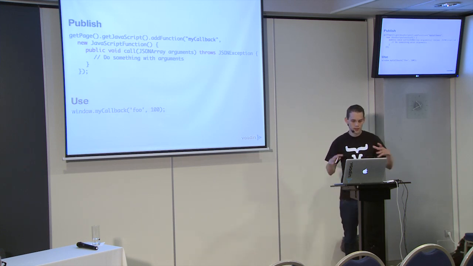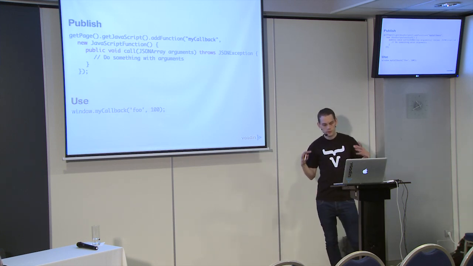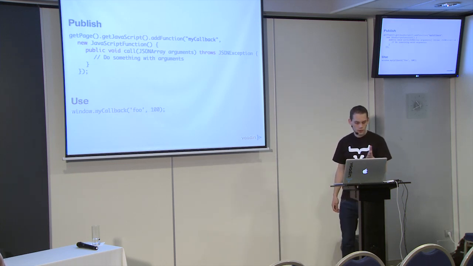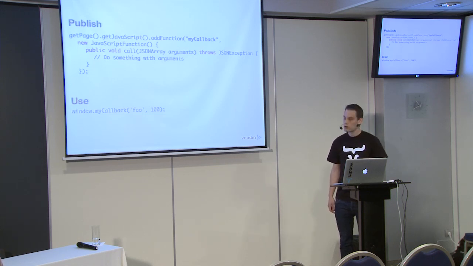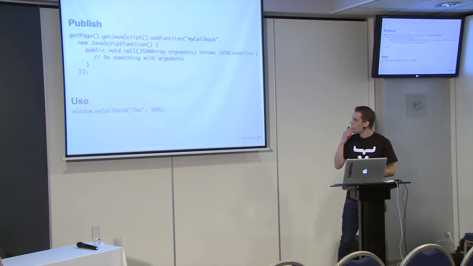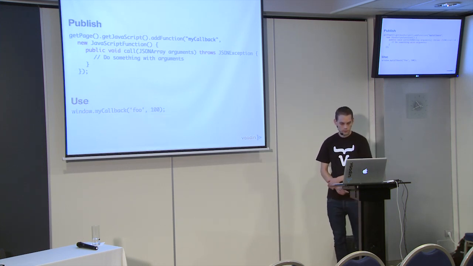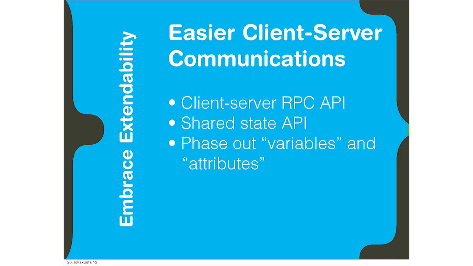So if you have some external JavaScript stuff, so you have the Vaadin application running, for example, in a portal, you can say window.myCallback, and you can even pass parameters to the server-side callback. And when I call this, it will actually call this callback method on the server side in Vaadin. We also improved the client-server communication.